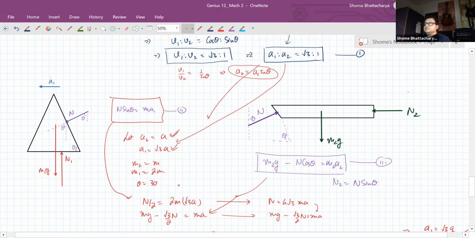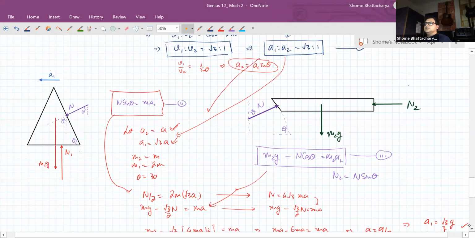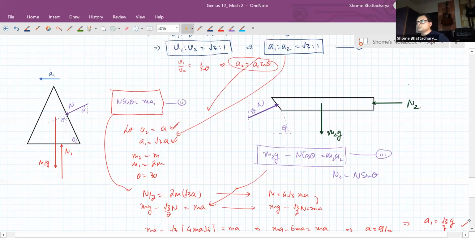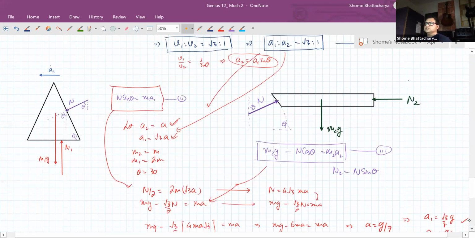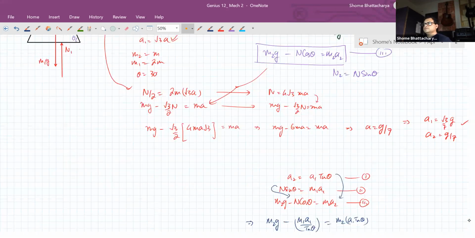Also the fact that M1 is 2 times M and theta is 30 degrees, the second equation becomes this. And the rest is just substitution. So again, at advanced level, you have to be quick in doing these type of calculations.